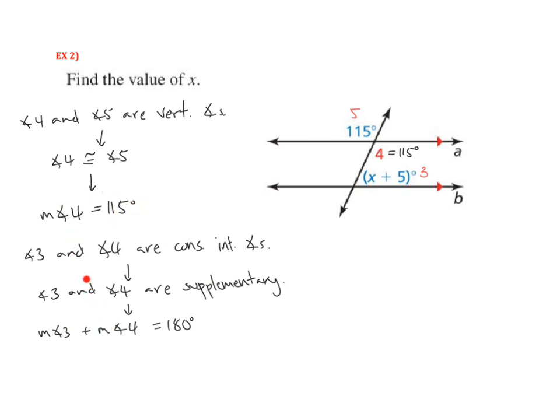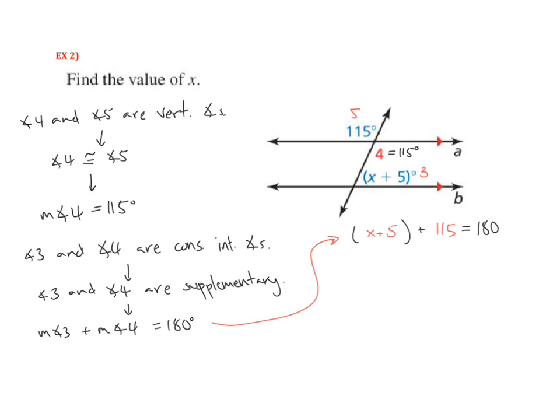I can take the measure of angle 4 and replace it with 115 degrees, and I can take the measure of angle 3 and replace it with x plus 5. So let's do just that. The measure of angle 3 is x plus 5 degrees, and the measure of angle 4 is 115 degrees. Together, they should equal 180.